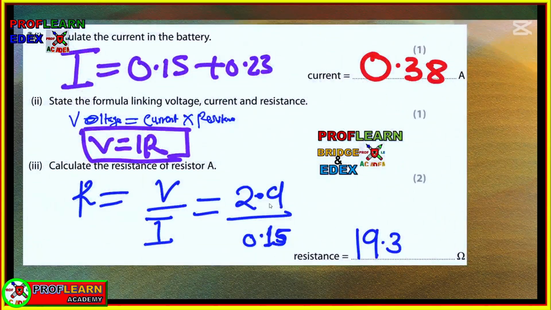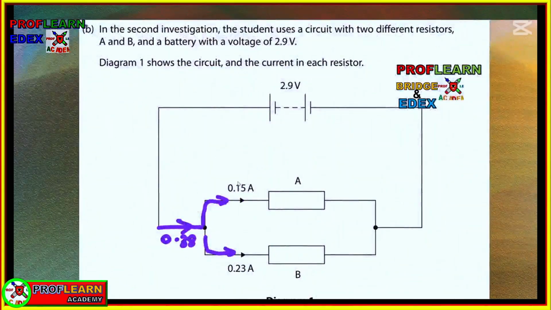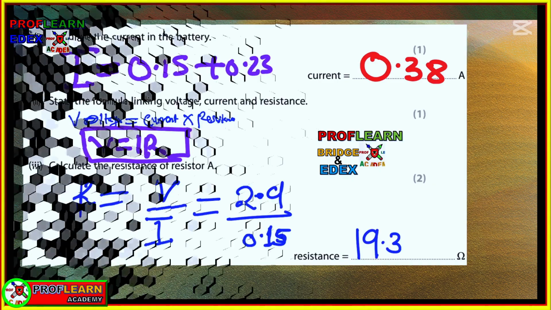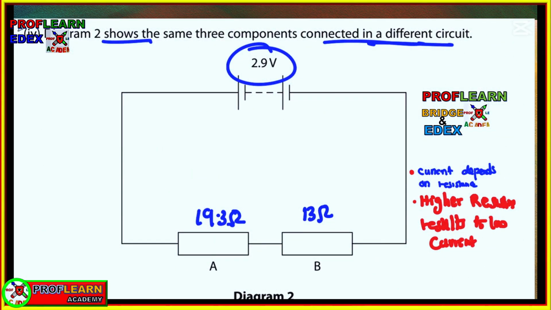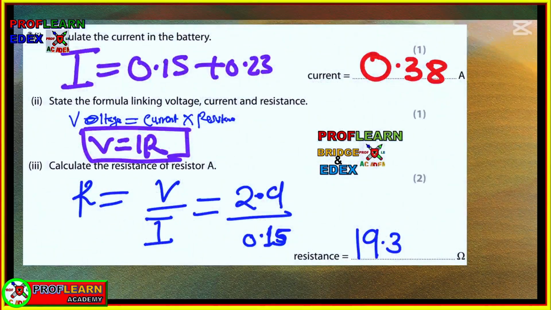The formula to use for resistance is V over I. So the current for A is 0.15, so it will be 2.9 divided by 0.15, and the resistance in that case is going to translate to 19.3 ohms.